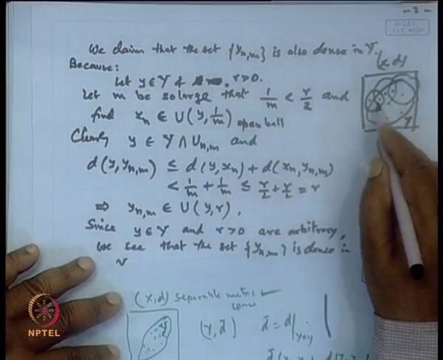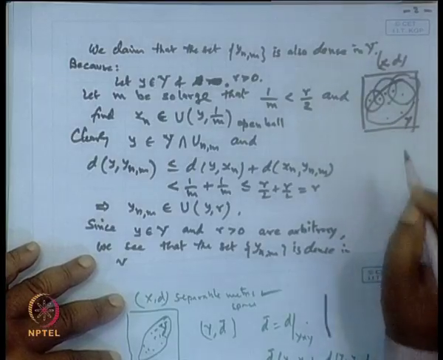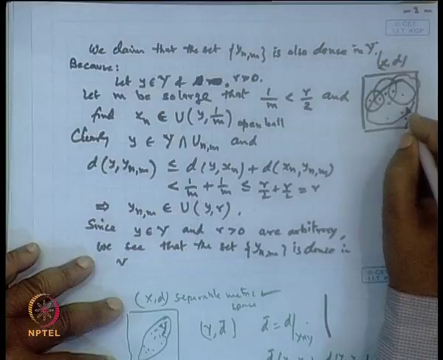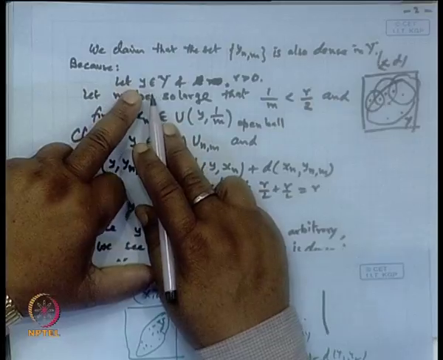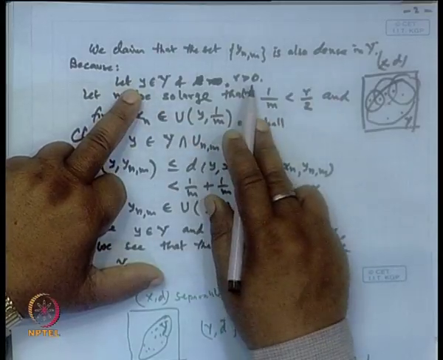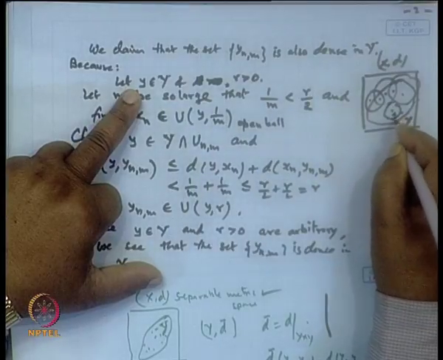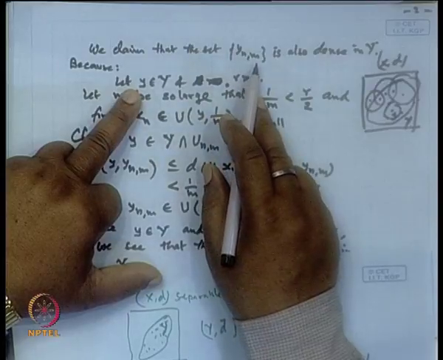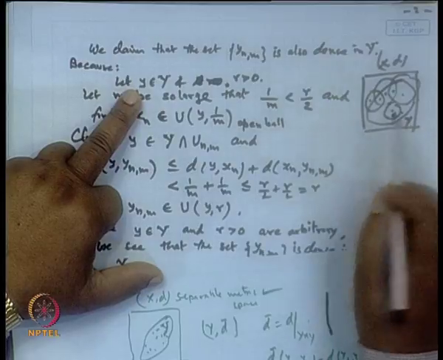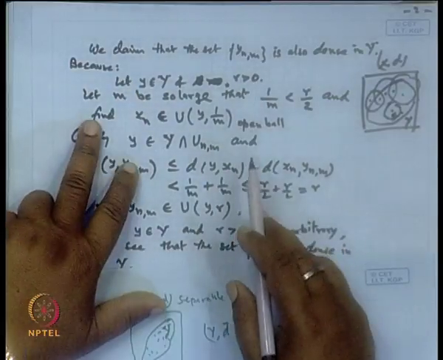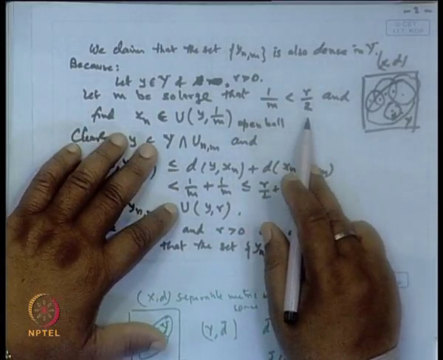Now, if you want this point set to be dense in Y, you take any arbitrary point y in Y. If we draw a ball around the point y with a radius, say r, then this ball must contain at least some point y_nm, then it becomes dense. So, let us take a point y and a suitable radius r, then draw the ball and pick up m so large that it satisfies the condition.